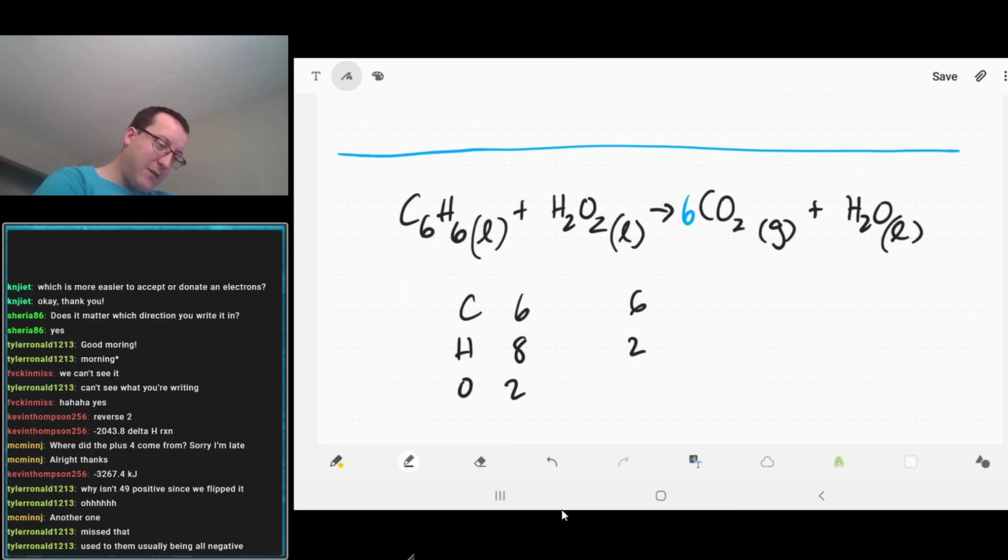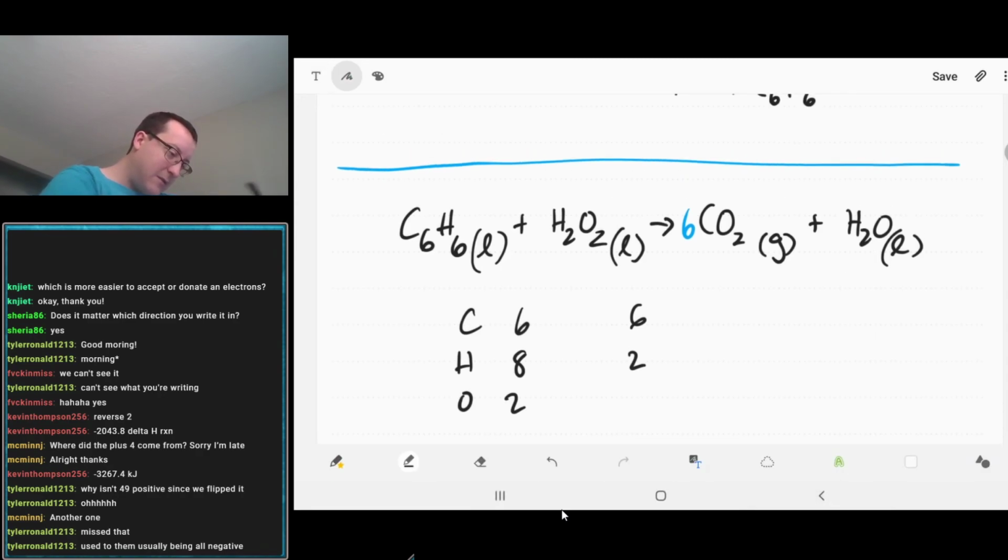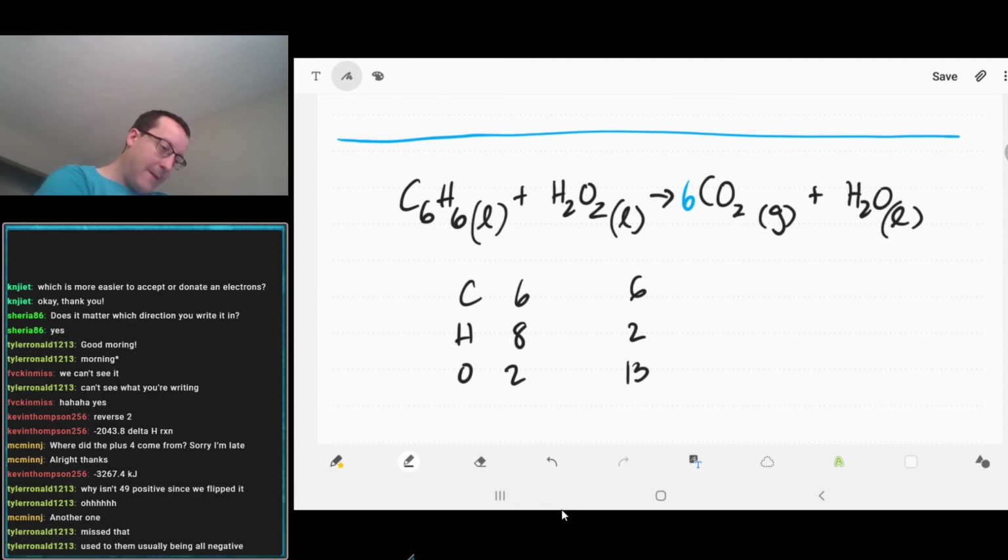And so we have 12 plus 1 is 13. That's already annoying, but we can deal with that. So let's go ahead and make this so it's 26. So let's make 13 here. If that's 13, oh gosh.